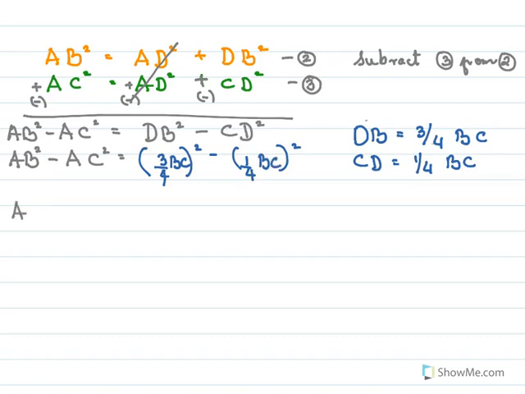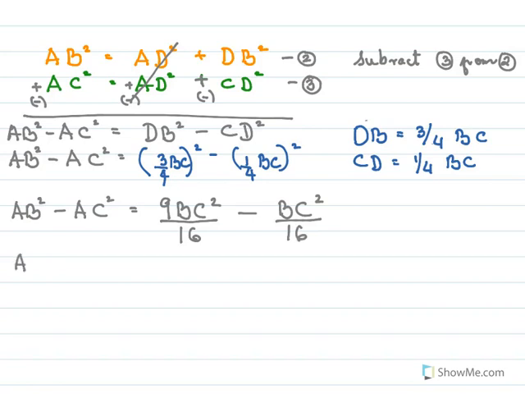We'll go ahead. So AB square minus AC square, this is 3 square, so 9 BC square over 16, and here BC square also over 16. So we have AB square minus AC square, here LCM is 16, so we have 9 BC square minus BC square.